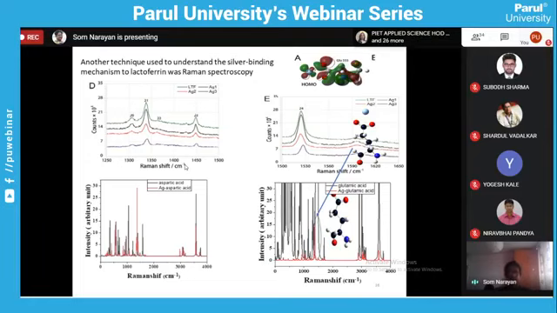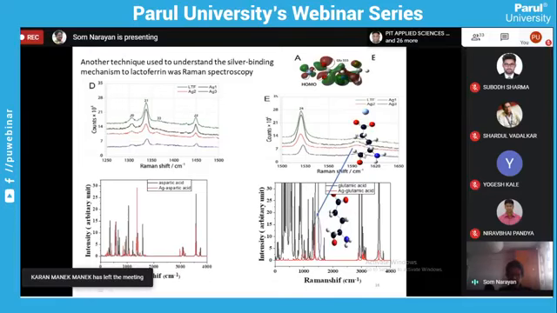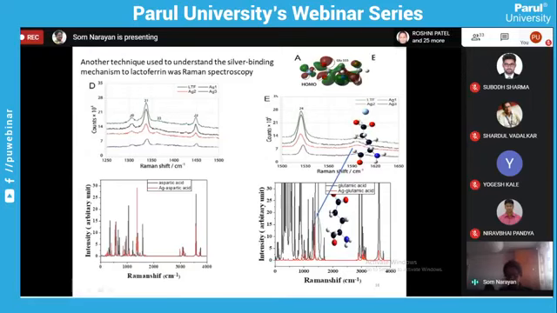In the case where Ag interacts with histidine or glutamic near the CO position, we found an enhancement in these peaks. This is the pristine lactoferrin, and over here we can see an increase in the intensity.